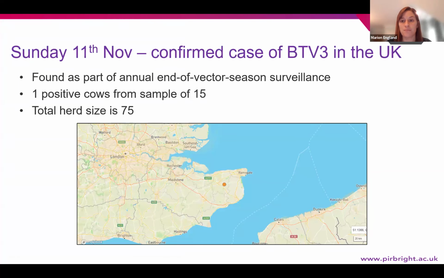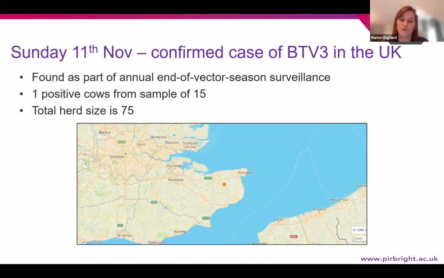And then in November 2023, we detected BTV3 in our populations in the UK for the first time. At the end of the year, the government conducts a serosurvey of the south and east coast of the UK.